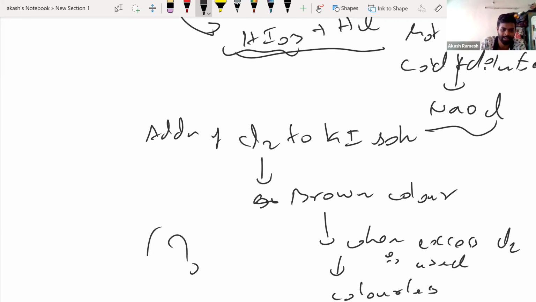What exactly is happening here? Explain this in the form of equations. Once I add chlorine in a little amount, the KI solution turns brown. But if I add an excess, a large amount of chlorine, it goes back to a colorless solution. Why? This is group 2's question.